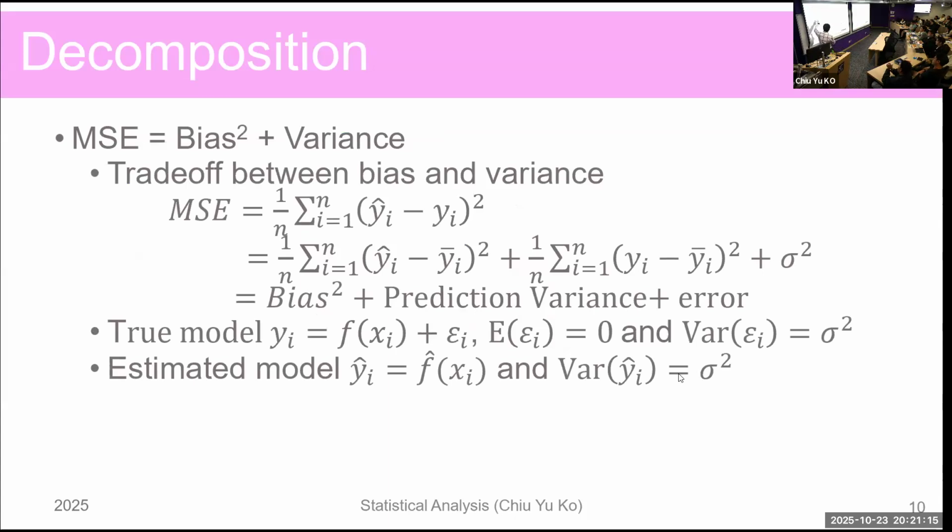When we look at the mean square error, that's very important, right? Is this decomposition? I bet that you learned it in machine learning class. It's a decomposition into 3 parts: bias square, prediction variance, and error, right? And depending on what the true model is, it's always the case that there is always the bias and variance trade-off.